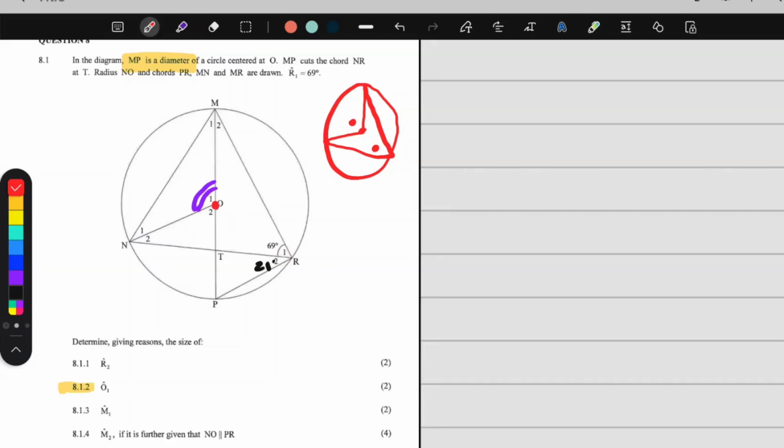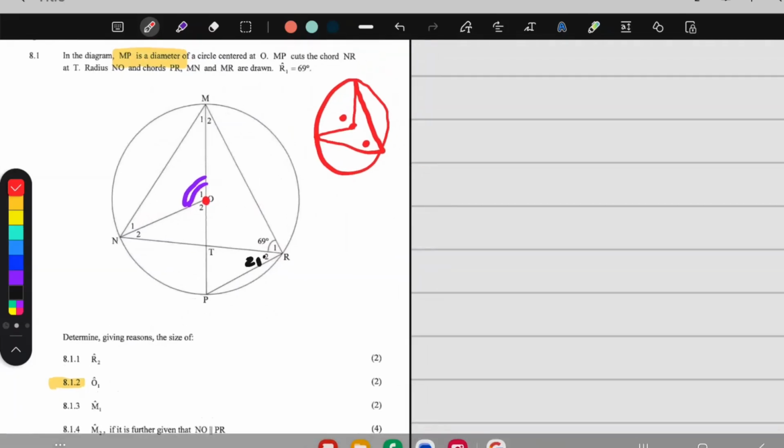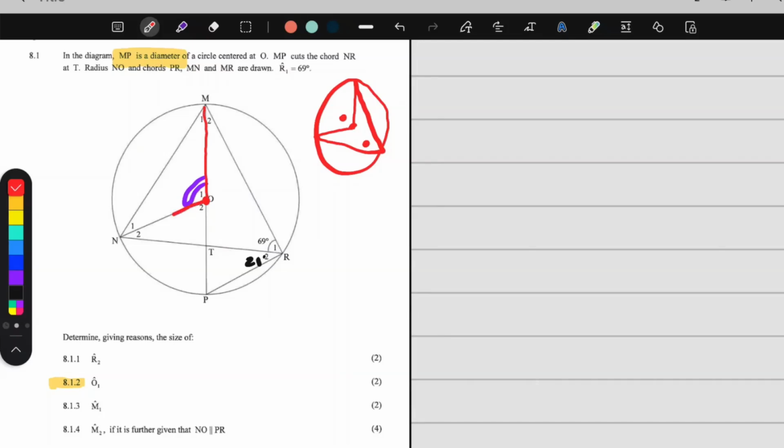So O1 is here at the center. From that, I'm going to go down to the circumference, and then from these points I must go somewhere up to another angle. So angle at center, this angle is twice this angle.